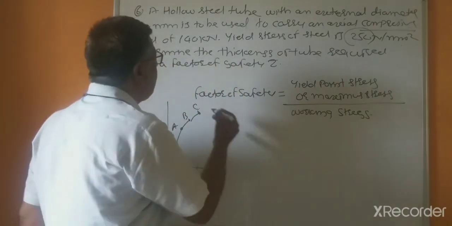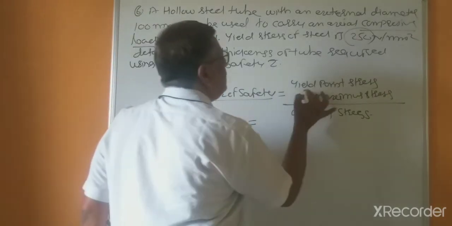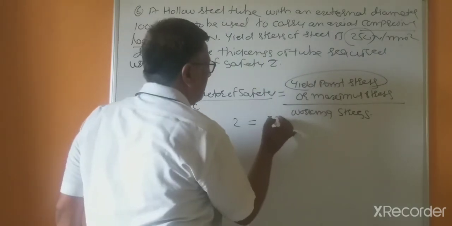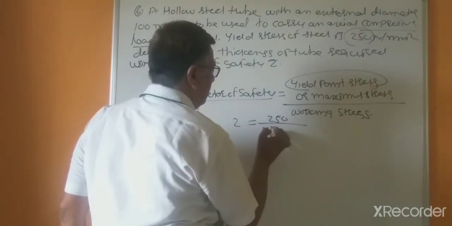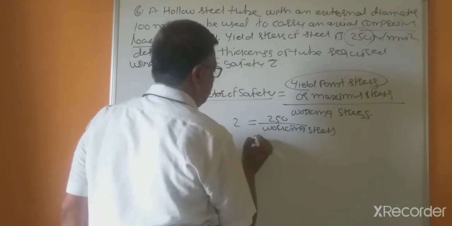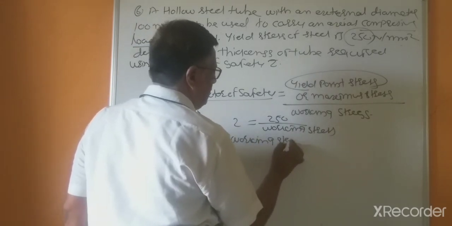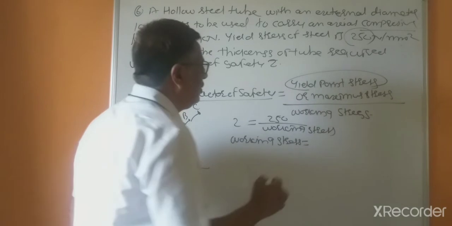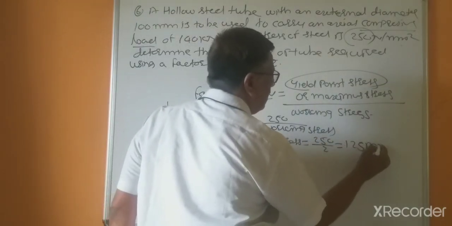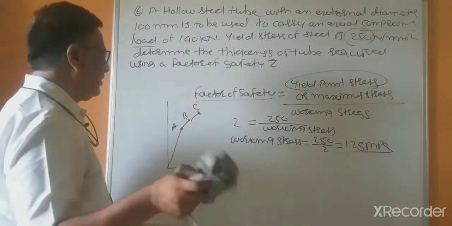Similarly here, the factor of safety is given as 2, and the yield stress is 250. So the working stress is the stress we can allow: 250 divided by 2, which is 125 megapascals. This is to be considered.